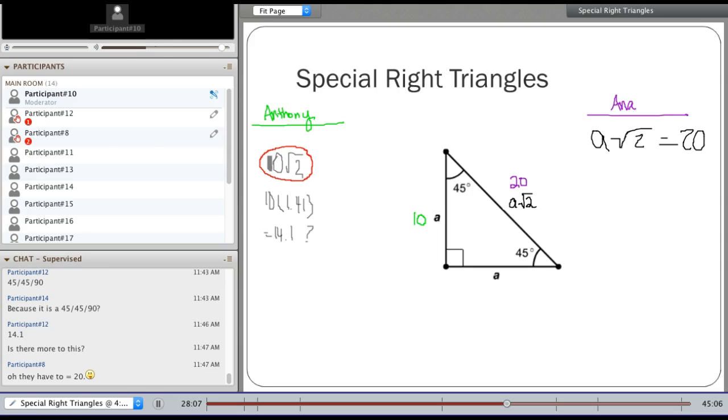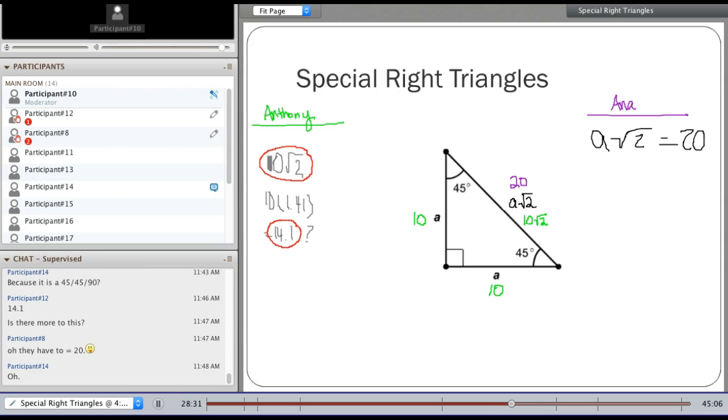There's nothing that we need to do with that square root. We can just leave it. 10 times the square root of 2. Or you could also see 14.1. So that is actually it, Anthony. If you have the side A, it's actually pretty easy. So this would be 10, this would be 10, and this would be 10 square root of 2. That's really simple, right?